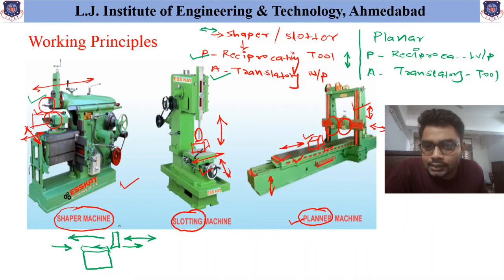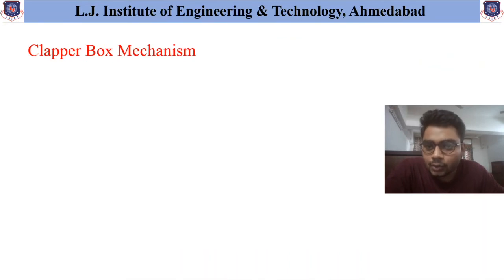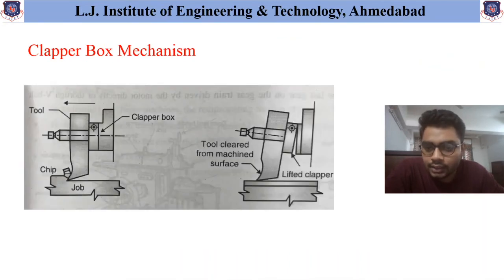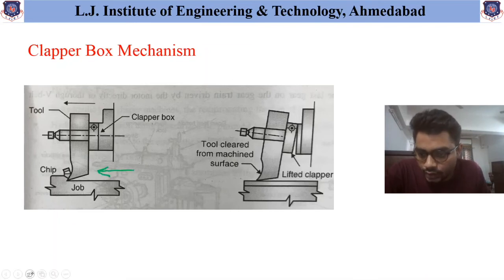So to adjust this tool movement during the return stroke, another mechanism is also provided, and that mechanism is called the clapper box mechanism. Let us have a look at the clapper box mechanism in the simple figure shown over here. As we have discussed, when the tool is given movement in the forward direction, it starts removing material in the form of chips.